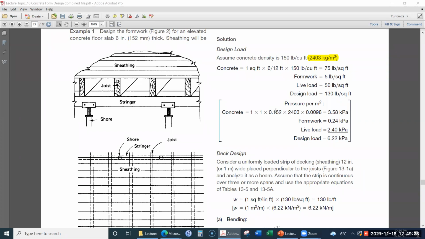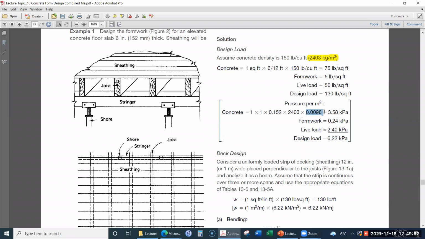We don't need to add this one by one, so we have this weight as a pressure. But remember that this is in kilogram per cubic meter. To convert kilogram into newtons, we have to multiply by 0.0098.